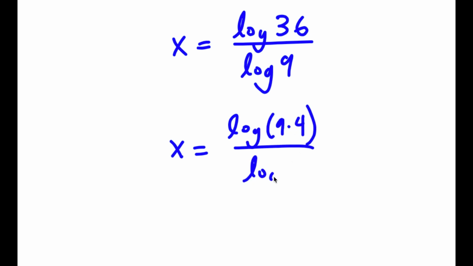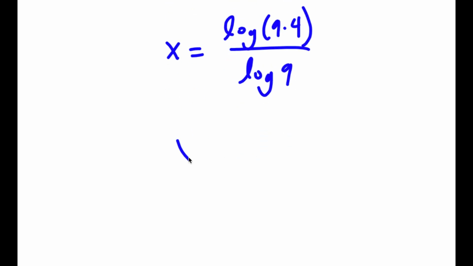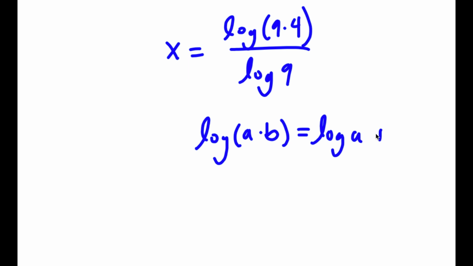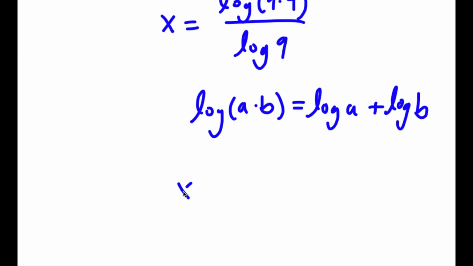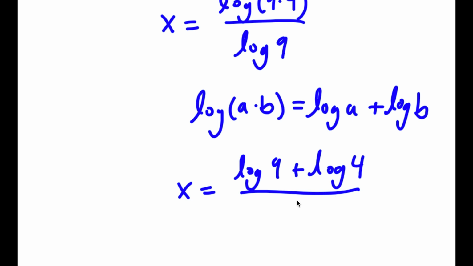So I have that over log of 9. And if I have something in the form log of a times b, this is equal to log a plus log b. So log of 9 times 4 is going to equal log 9 plus log 4. And I have this over log 9.